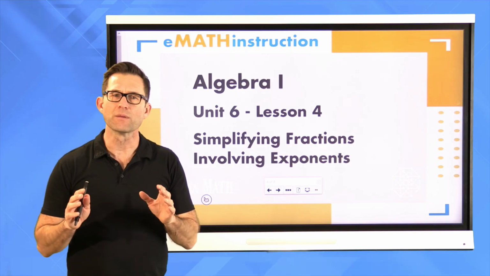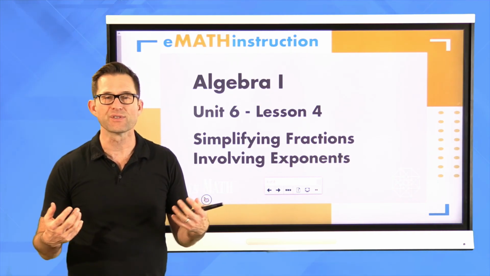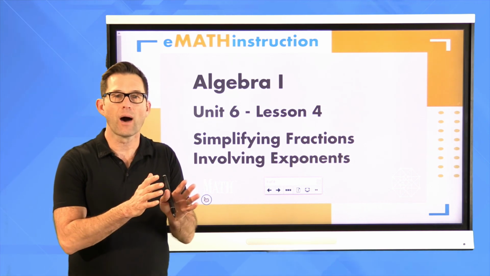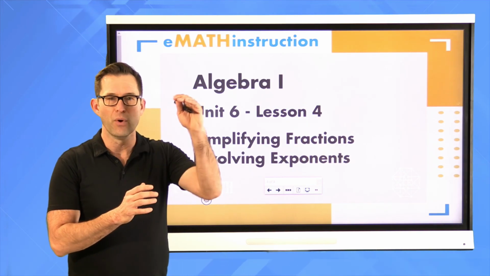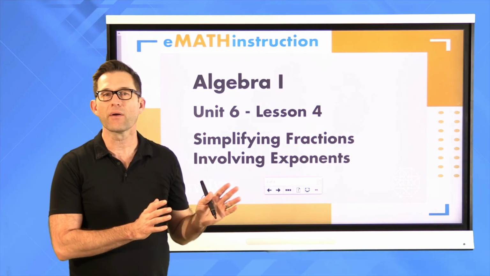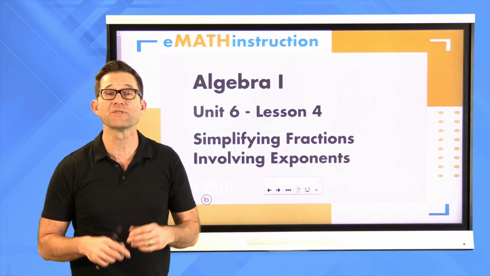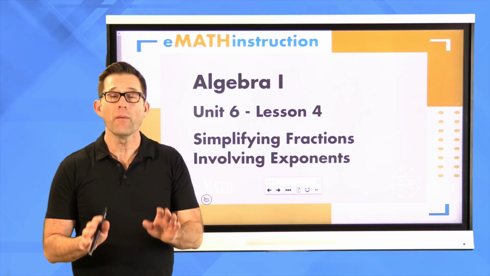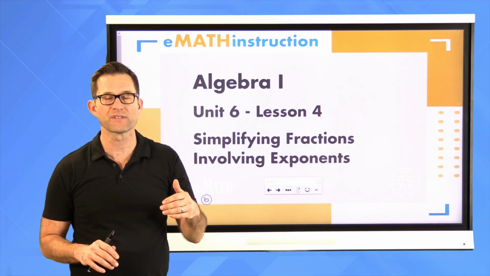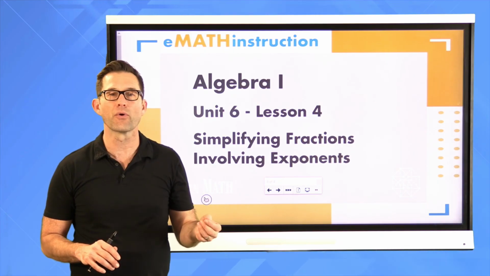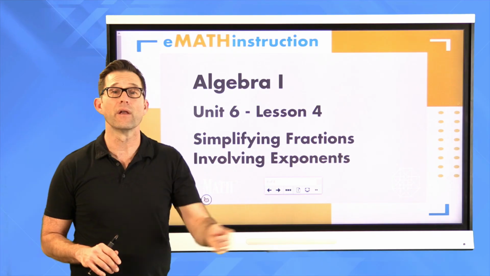And one of the most important things we saw here was that we could break apart fractions so that we took greatest common divisors or greatest common factors, however you want to look at it, of both the numerator and denominator, separate them out into a fraction that's equal to 1, and then the fraction that remains is our simplified version. From that, we developed these great patterns that allow us to subtract exponents and leave the result either in the numerator if the power in the numerator is greater, or in the denominator if the power in the denominator is greater.